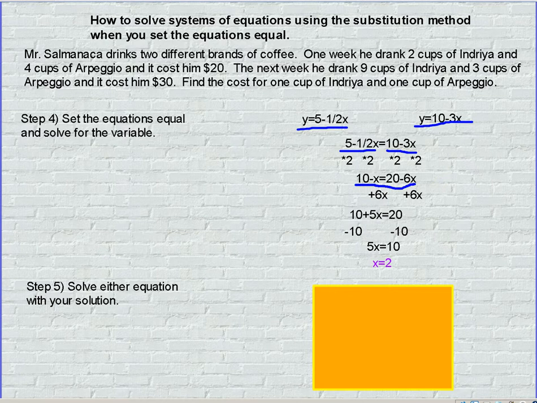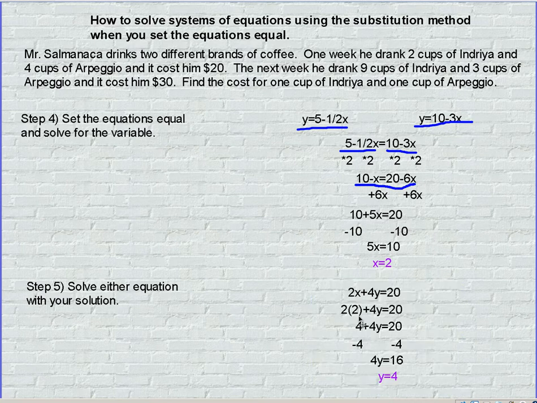And now we can solve either equation using the solution. Please pause your screen and see if you can solve for y. Substituting x equals 2 into this equation, 2x plus 4y equals 20, we have x equals 2, and that gives us y is equal to 4.